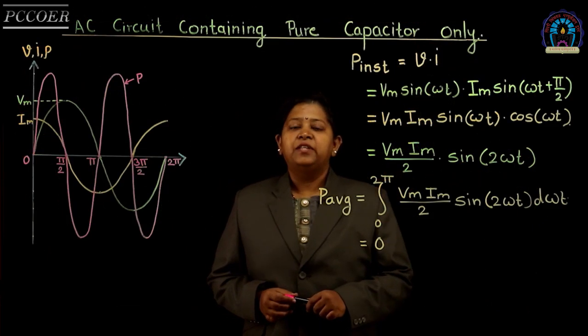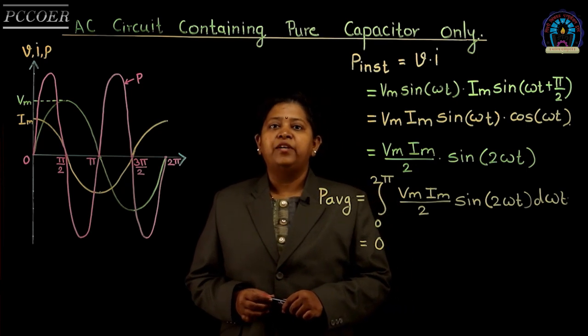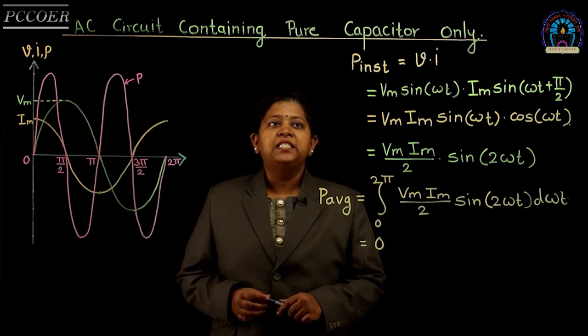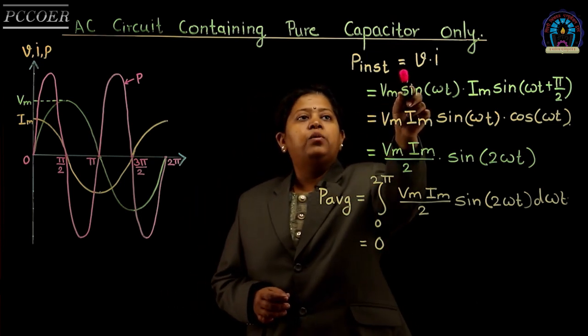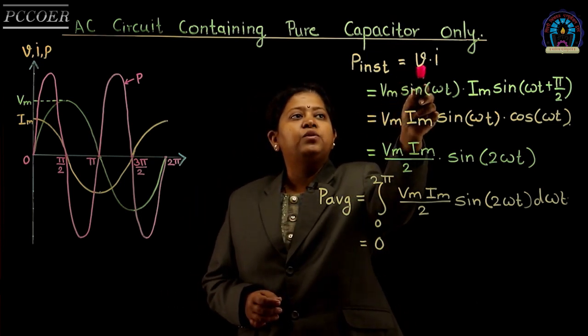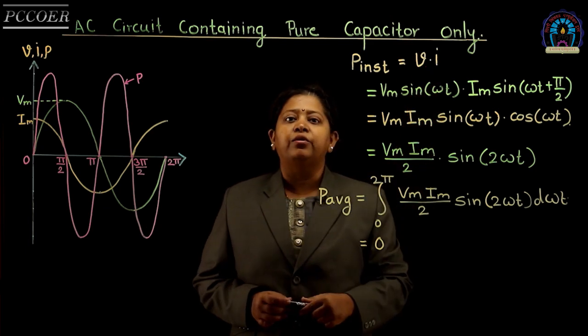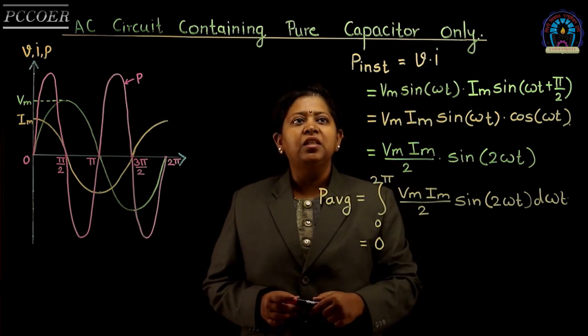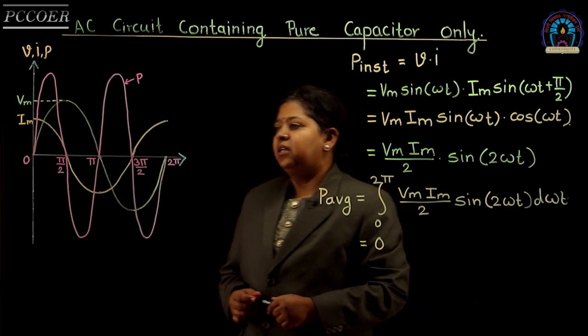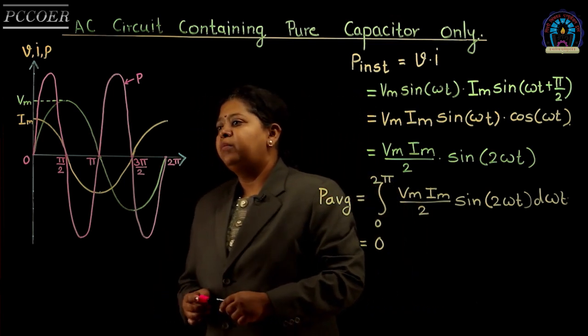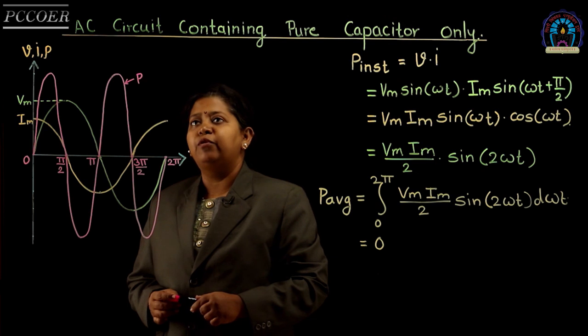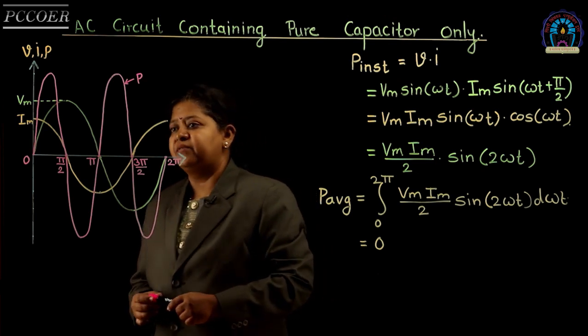Now let us derive the equation for the instantaneous and average value of power supplied to the capacitor. We know that instantaneous power is equal to the product of instantaneous voltage and instantaneous current flowing through the capacitor circuit. For this, let us see the waveform of voltage and current flowing through the purely capacitive circuit.